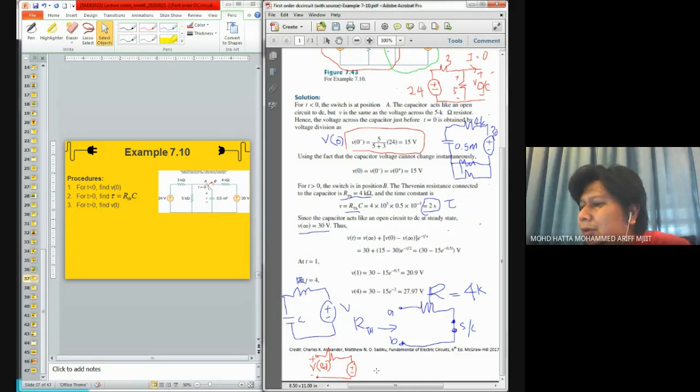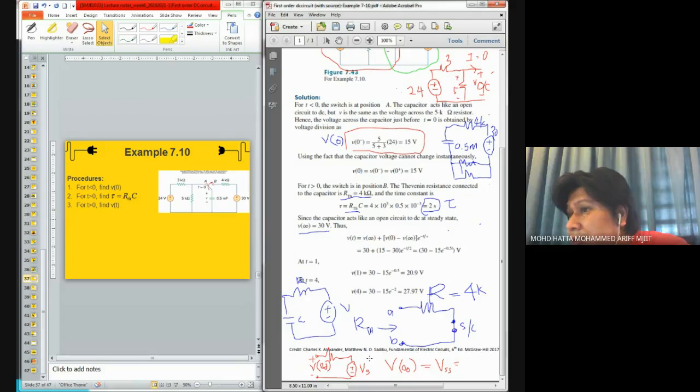V infinity over here is basically the same value that we've seen over here, Vs, or in this case, 30 volts.